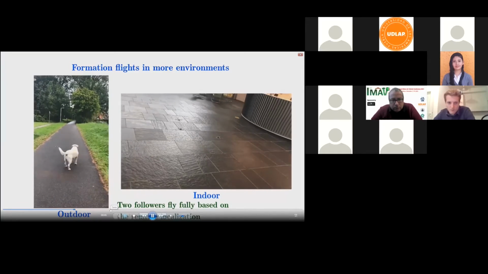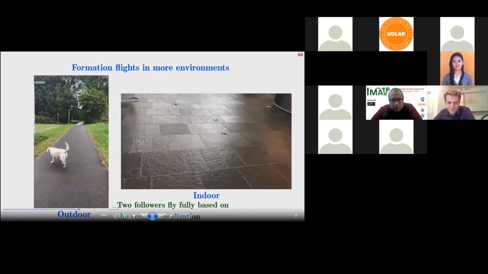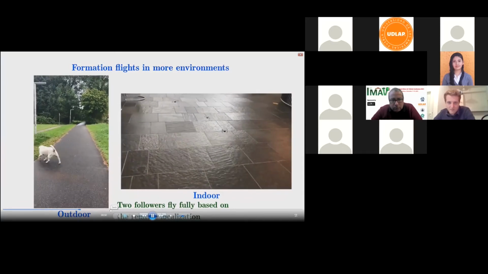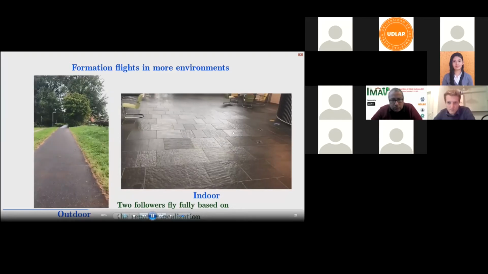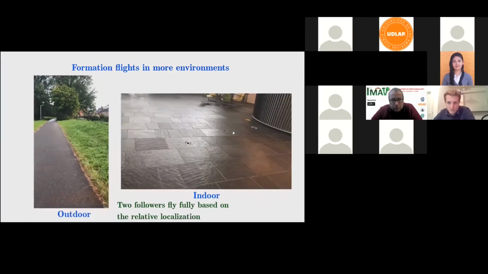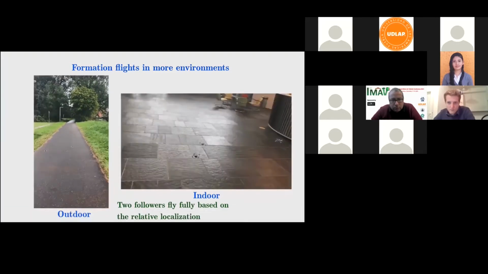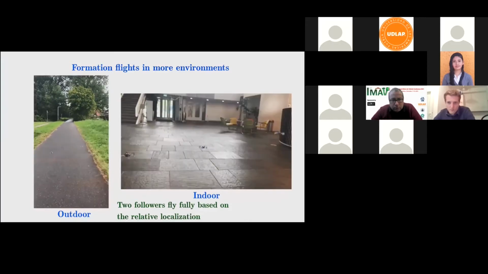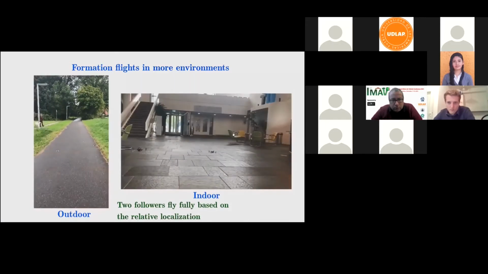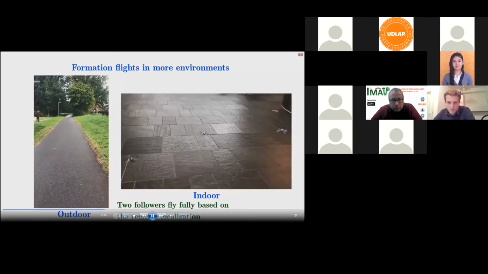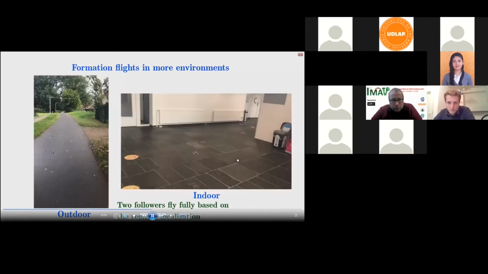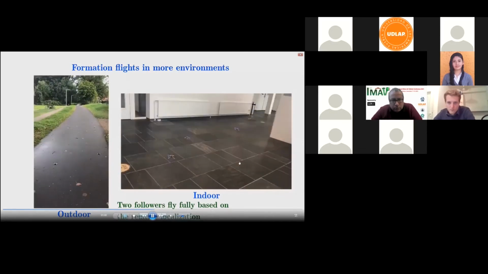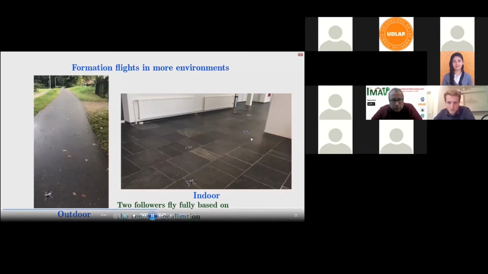First they will have a 20 second initialization procedure to get the relative localization to converge. So the two followers have random velocities within 1 meter per second to avoid collisions, but also to get the estimator to converge. After 20 seconds, they will do the formation flight with constant relative positions to the leader.